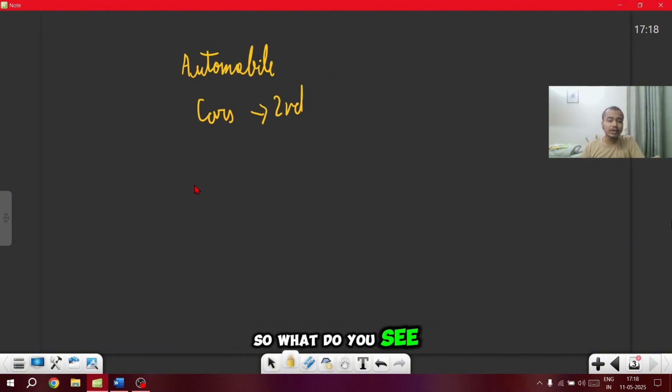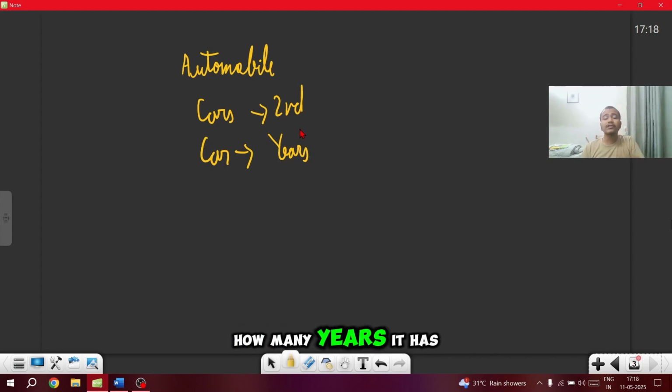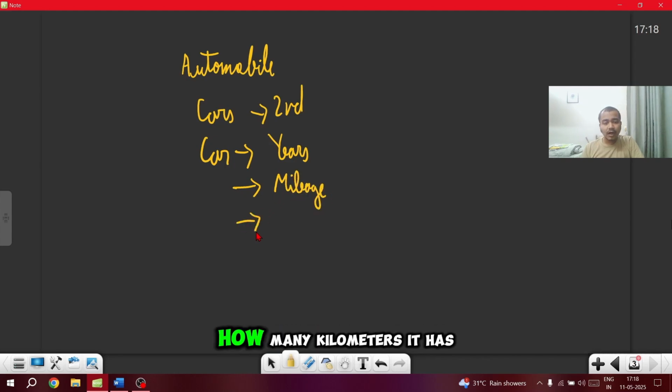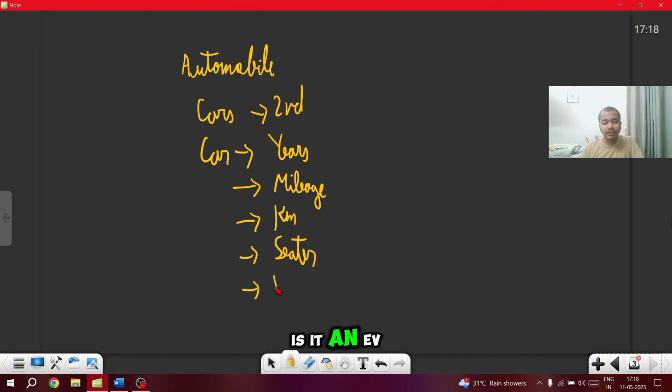So what do you see? You see the car's years, how many years it has been working, the total mileage it can give currently, how many kilometers it has run, how many seaters it has, is it an EV, SUV, or something.